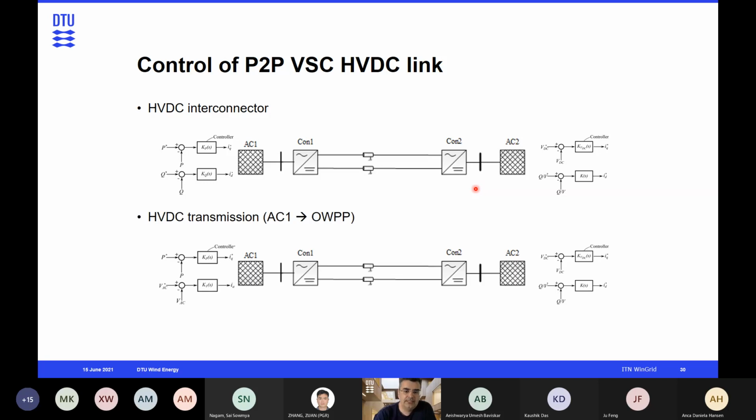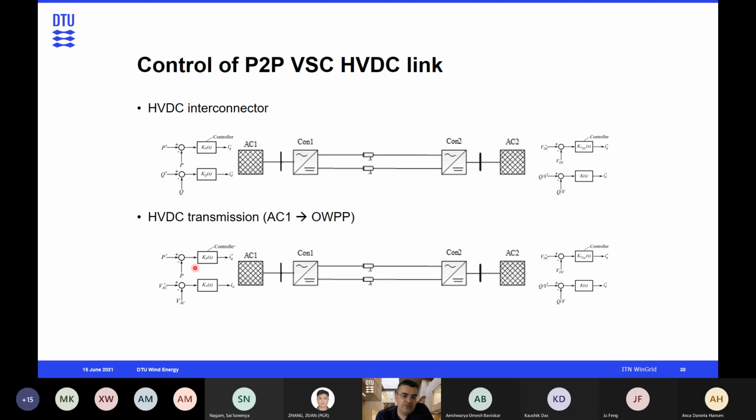But when we look at HVDC transmission, so connecting an offshore wind, and in this case consider that this AC1 is an offshore wind power plant, then for the offshore AC network of the power plant, somebody else has to do that. The wind turbines are in grid following mode, so they require an energized and controlled grid to which they connect, and then they just inject current synchronized with that grid.